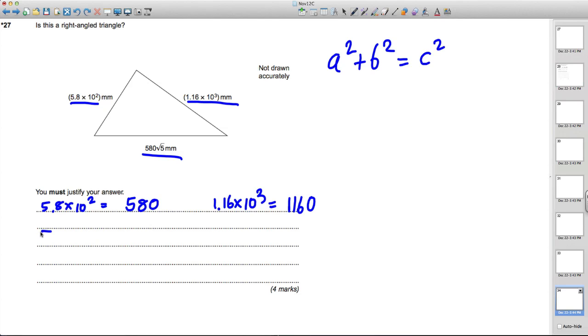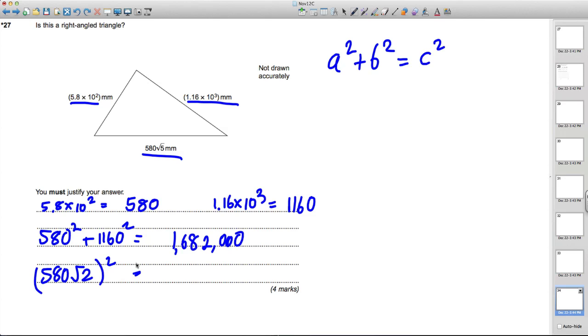So let's do 580 squared plus 1160 squared. Let's see what you get. 580 squared plus 1160 squared, you get 1,682,000. And then if you do 580 root 5, if you take that and square the whole of it, put it in brackets in your calculator, 580 root 5, close brackets, and square it.